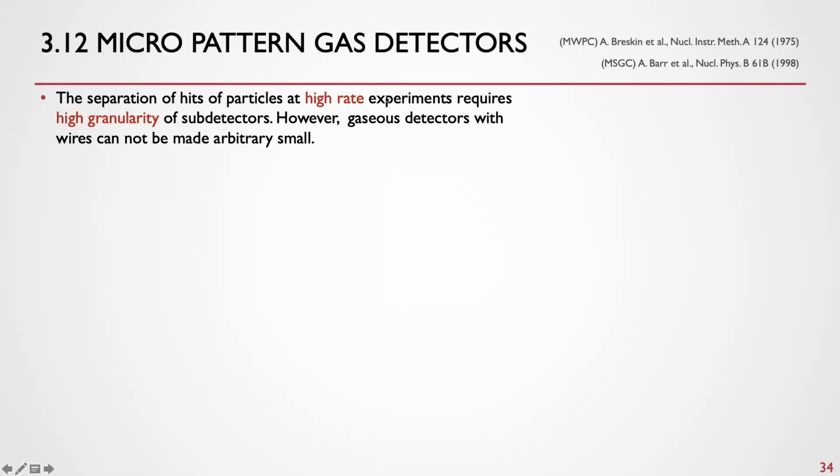So have high granularity in a high volume. So let's talk about micro-pattern gas detectors. This is an overview. This is an overarching concept. There are several detector concepts under this umbrella.